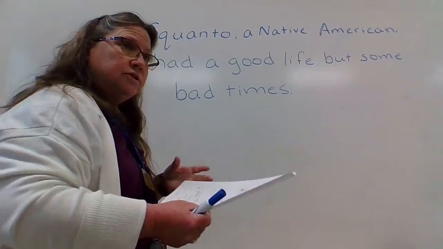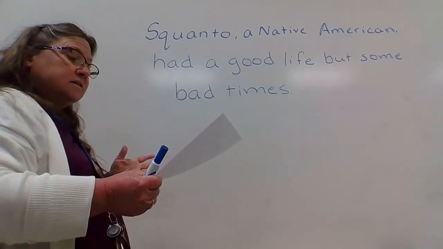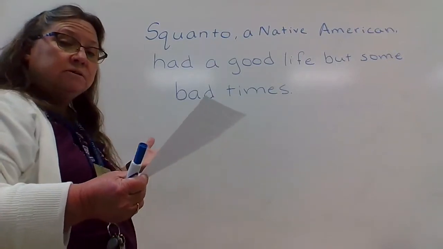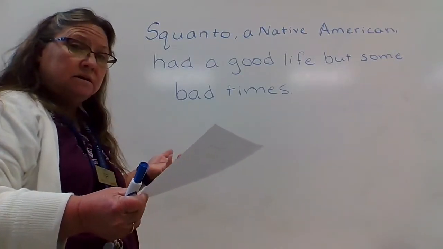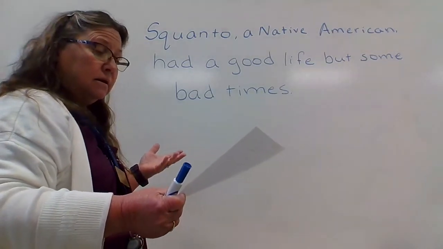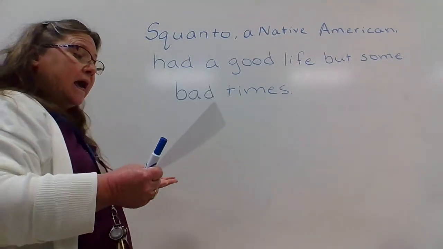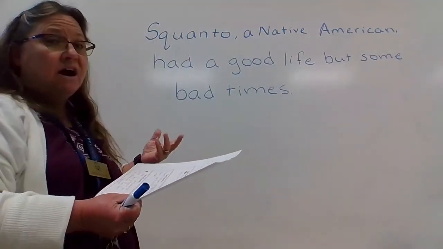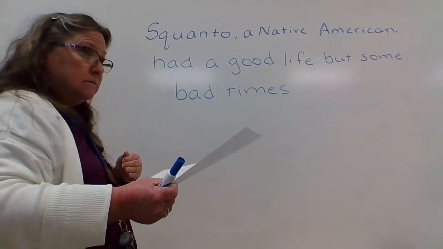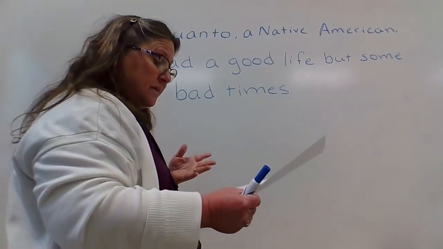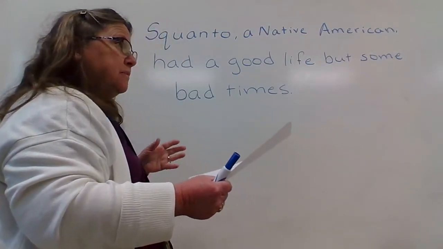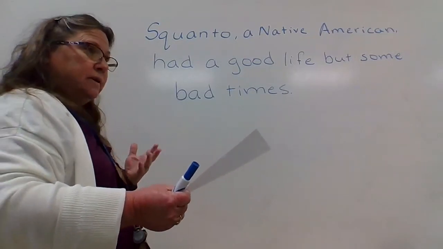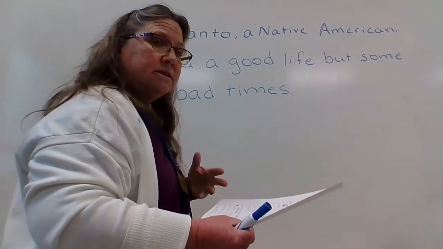So that's introducing you some more to him. Next, this was kind of a bad thing. Next, he was forced to go to Spain, but he got away. After he was in England, he returned to his village and everybody was gone. Something bad. Then, when the Pilgrims landed, he helped them learn to plant crops and to fish and to hunt.